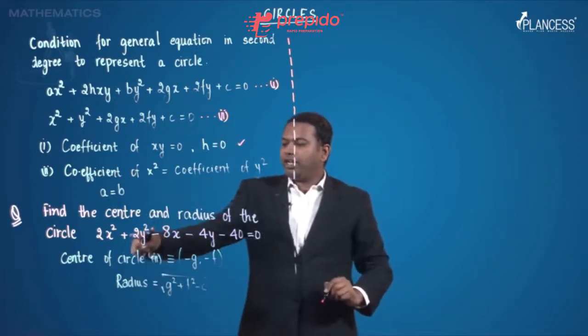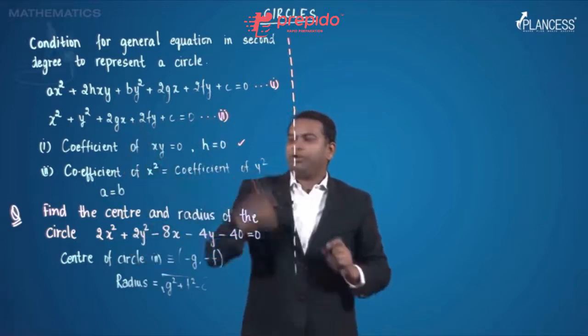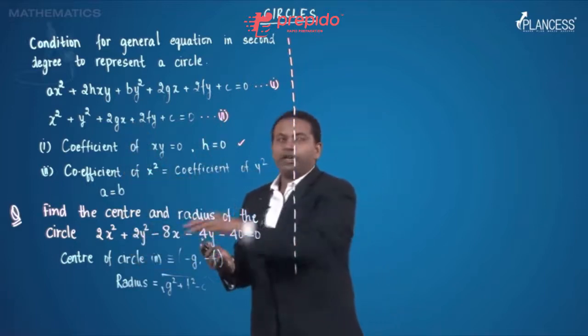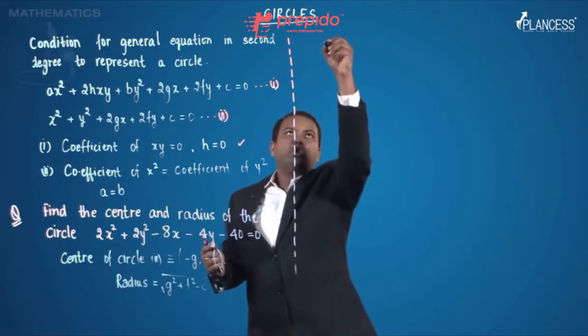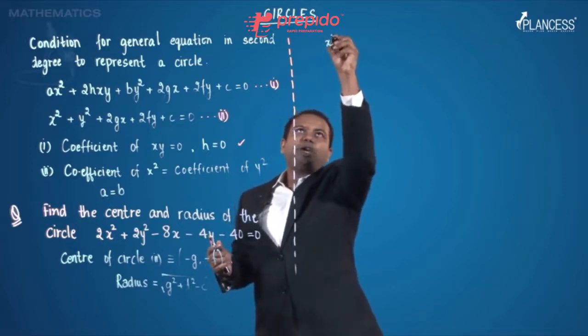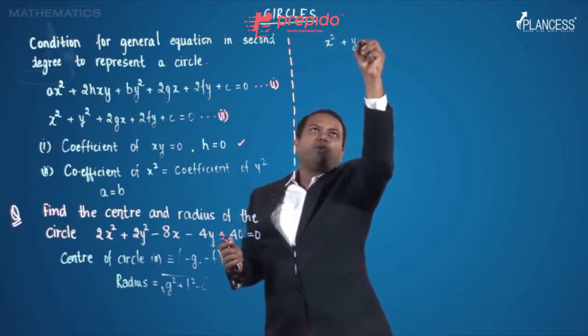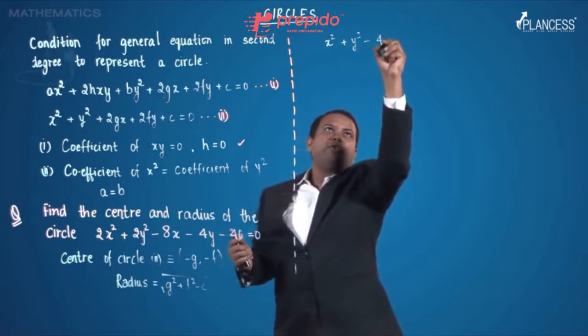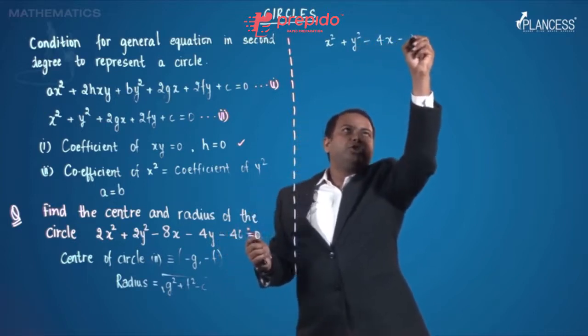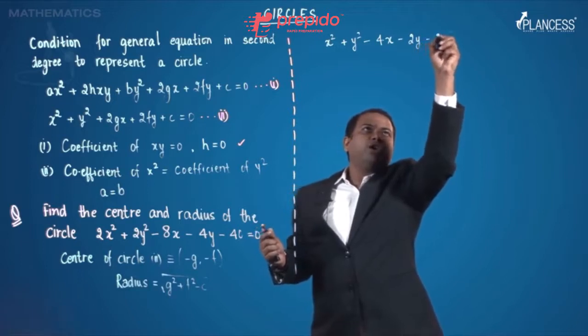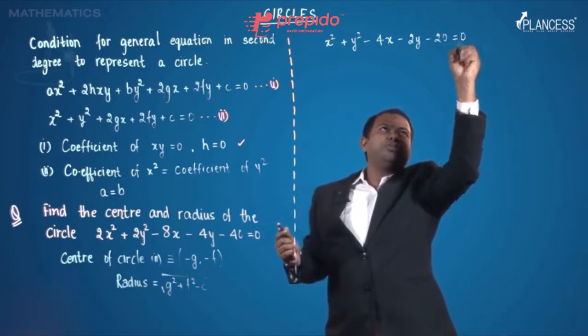So in order to get this equation in the form of equation 2, we divide this equation by 2 on both sides. So on division we get x square plus y square minus 4x minus 2y minus 20 is equal to 0.